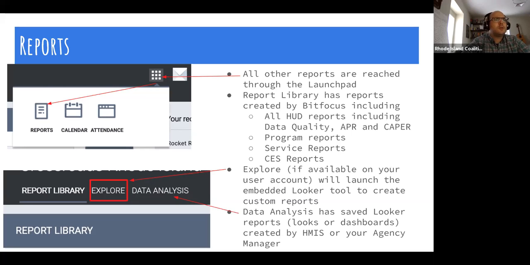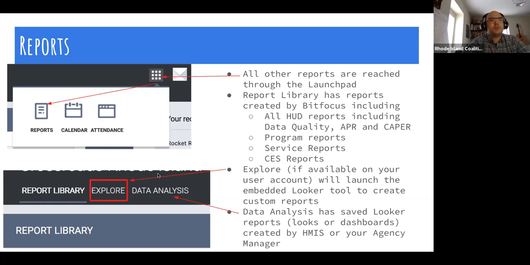Not many of you here today have access to those 2 things, but not everybody does. Those give access to the embedded custom reporting tool in Clarity, which is named Looker. We'll cover a couple of the data analysis sections.